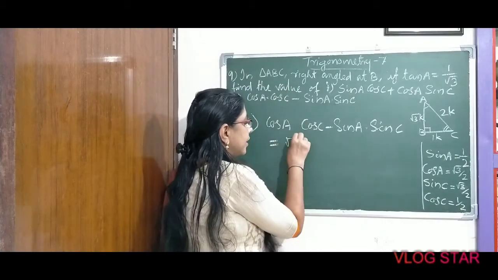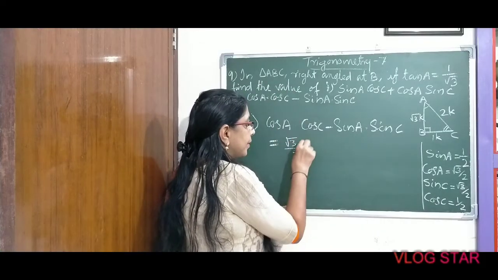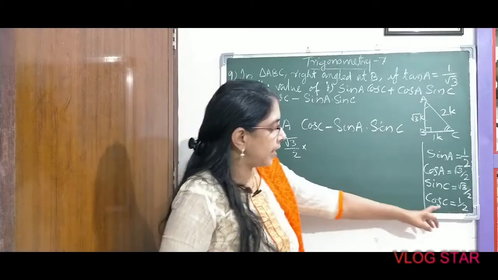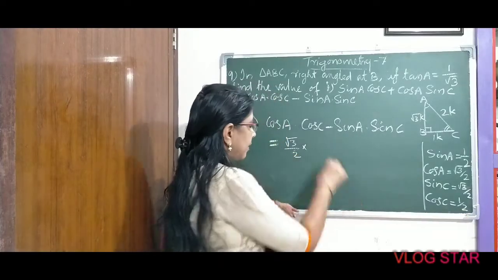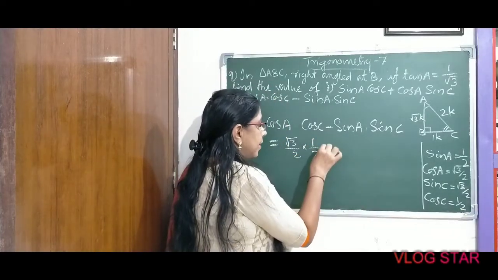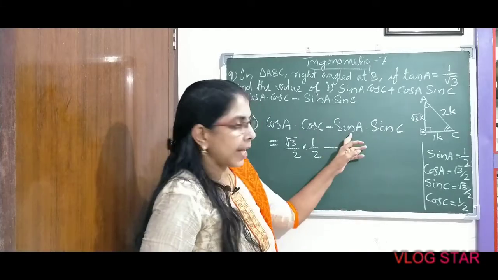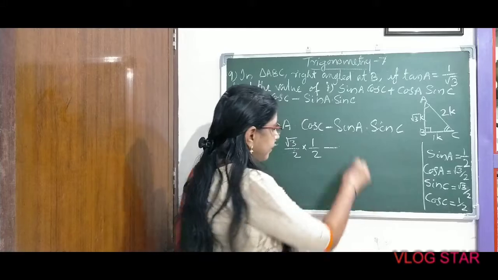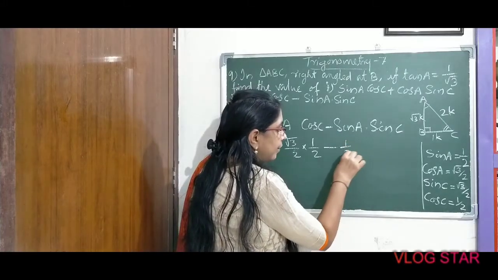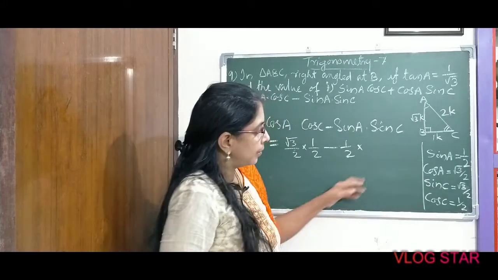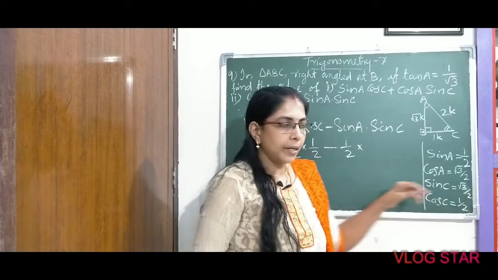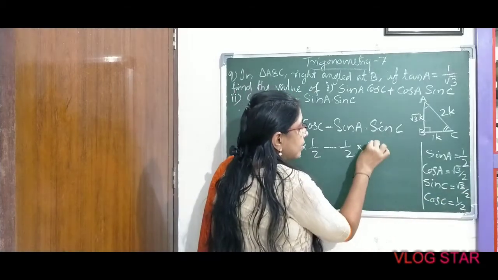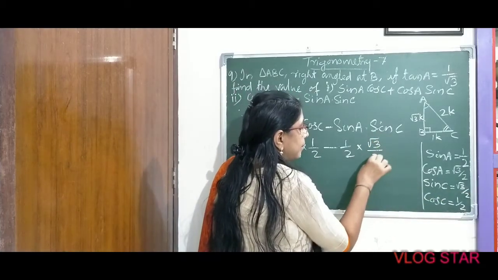Therefore, write it over here, root 3 by 2 into, what is cos C? It is half, into half, minus, what is sin A? Sin A is equal to half. Therefore, put that value over here, into sin C, which is equal to root 3 by 2.